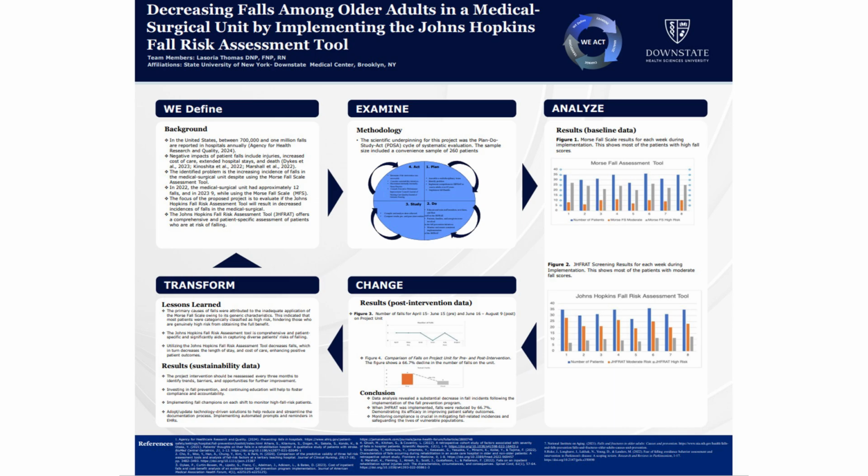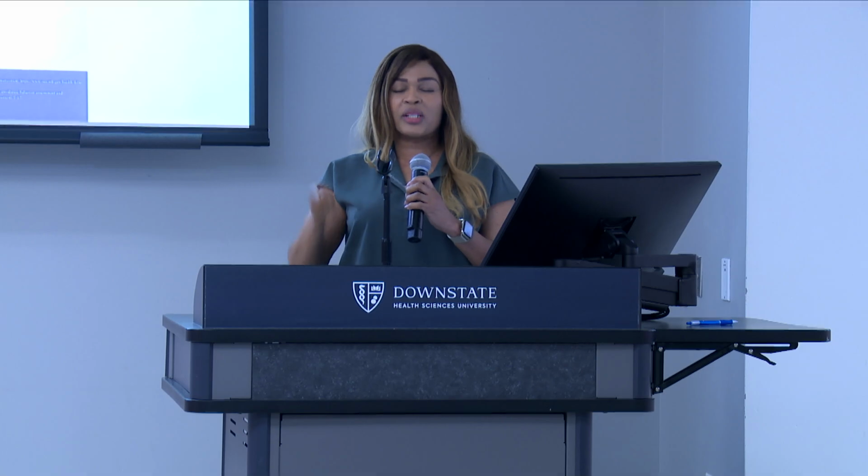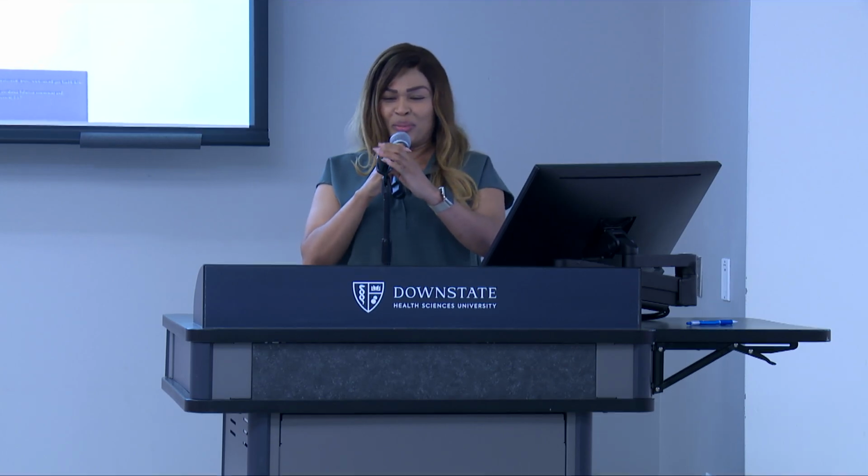So I think this would be a good tool to also utilize in our setting. So I know we would have to move it to Epic and so forth, and with the approval of Dr. Ralston, to get this at some point in the future to implement this on all our units with the sole purpose of decreasing falls and increasing patient outcome. Sorry for being nervous. Thank you so much.